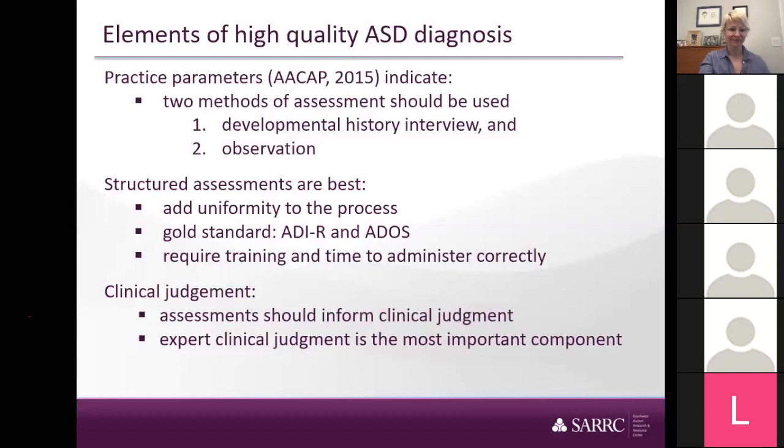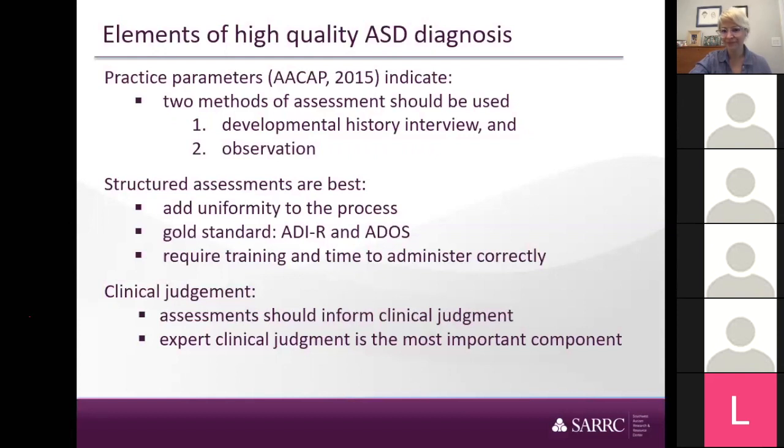But by and large, no matter what the diagnostic procedure that any clinician is executing to diagnose autism, clinical judgment should play the strongest role. And the assessments that clinicians use, the ADI and ADOS and SRS and many other things out there, should be used to inform your clinical judgment.